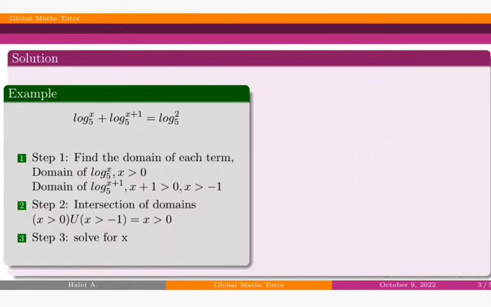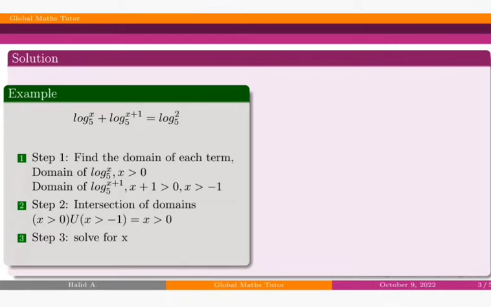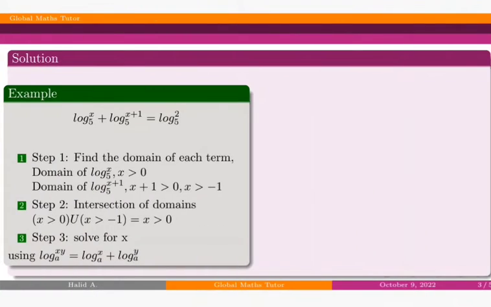Solving for x can be done by simplifying with the simple laws of logarithmic functions. For this question, we can use the product rule of logarithms. We know that the logarithm of x times y to the base a can be expanded as the logarithm of x to the base a plus the logarithm of y to the base a.